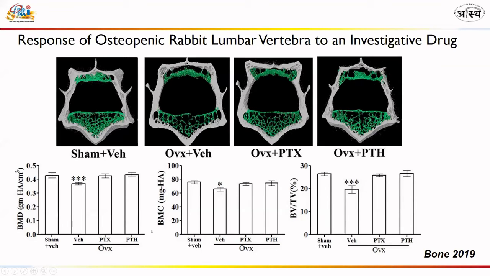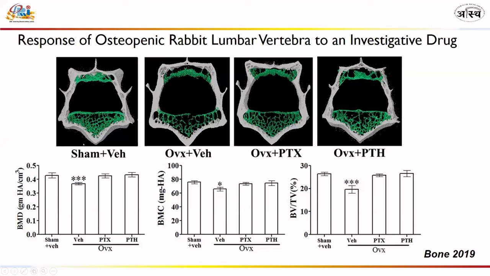Pentoxifylline is given orally, and PTH is, as you know, systemic. We make the rabbit osteopenic first. That means we ovariectomize them, leave them for 3 months, and then we start the treatment, which in this case was given for 4 months.